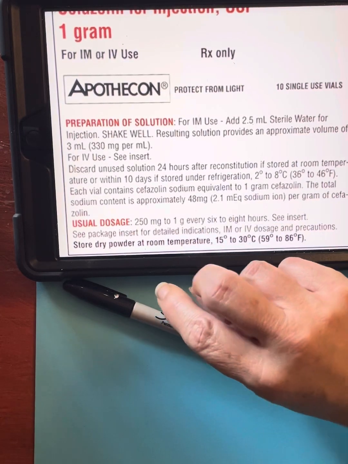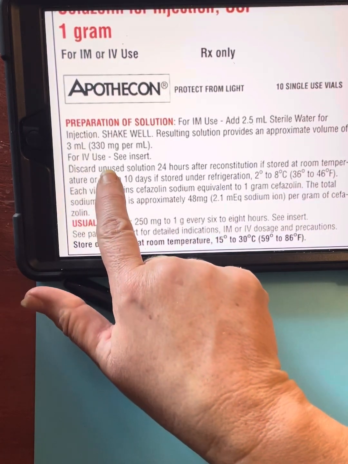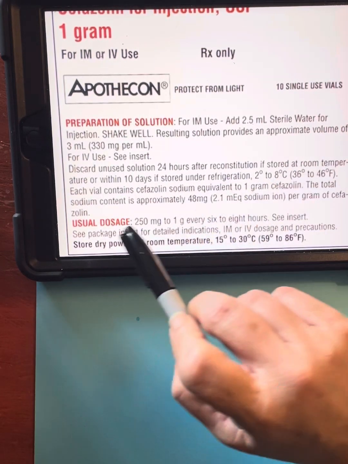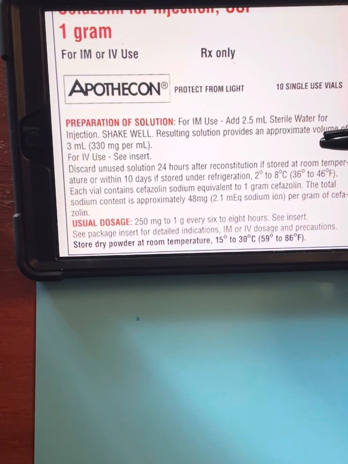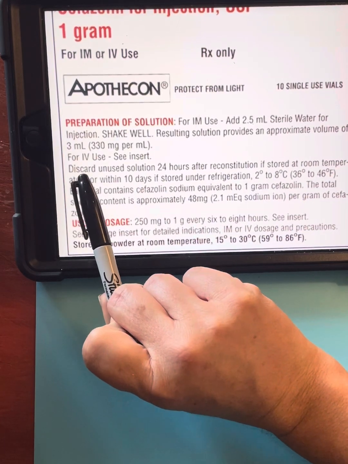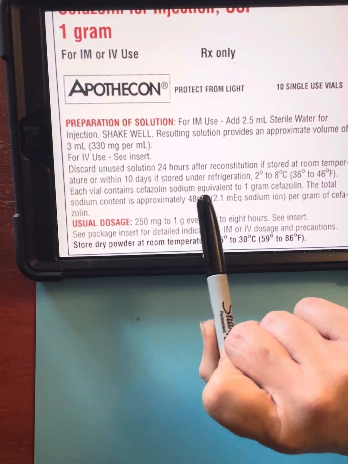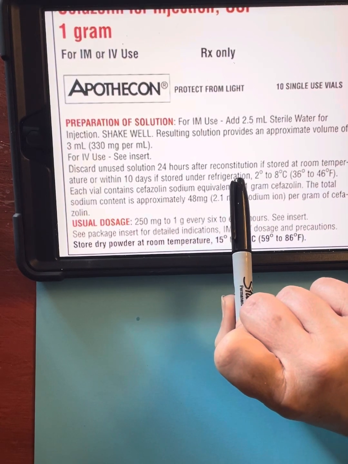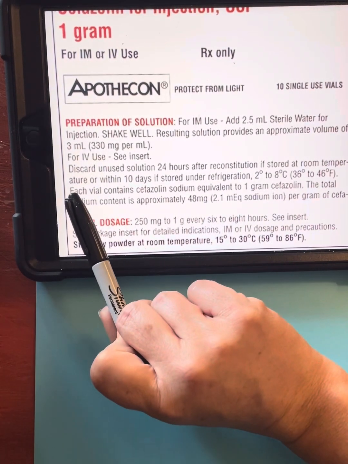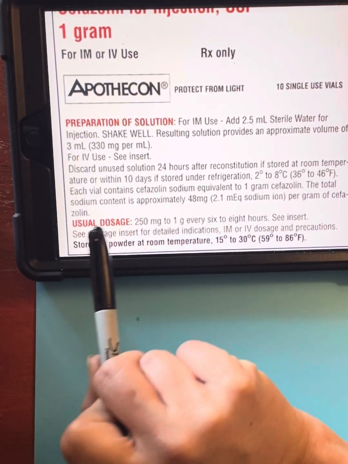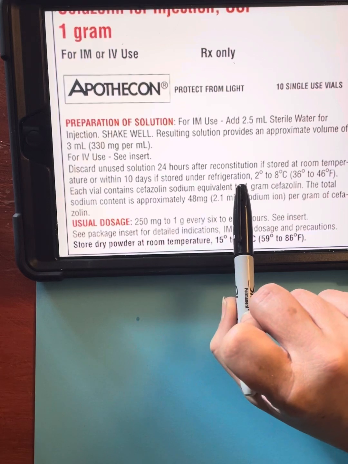I believe you're picking up what I'm putting down. For IV, yada yada, it's probably in the insert. Anyway, I want you to see, it tells you right there, and look what else it tells you. It says discard unused solution 24 hours after reconstitution if stored at room temperature, or within 10 days of reconstitution if it's stored in the refrigerator.